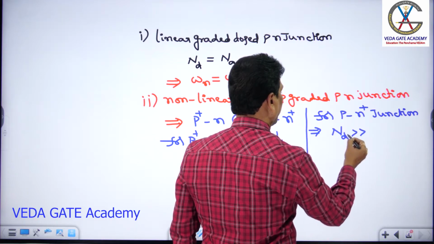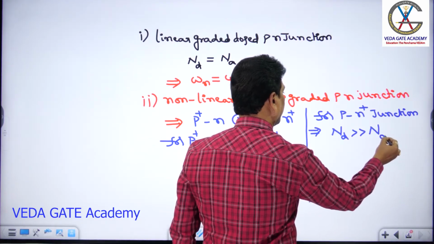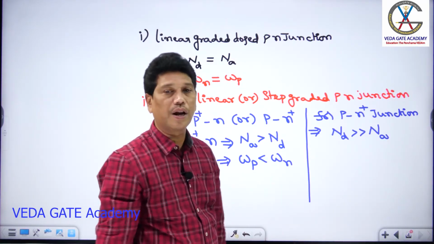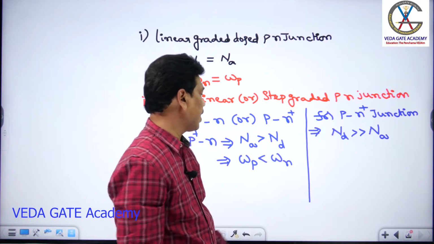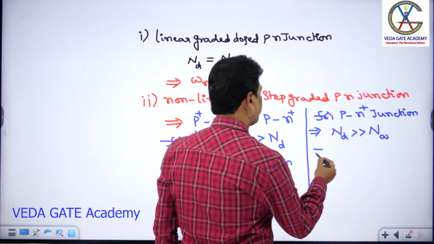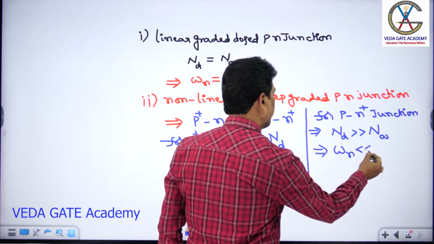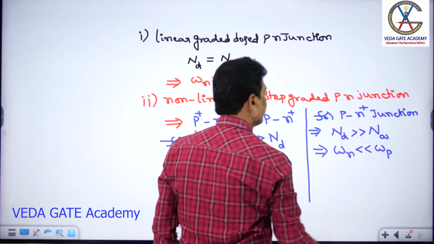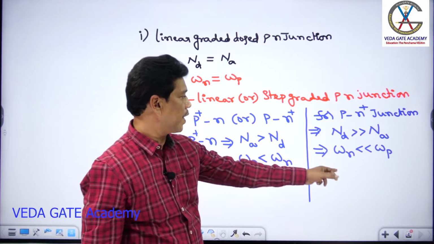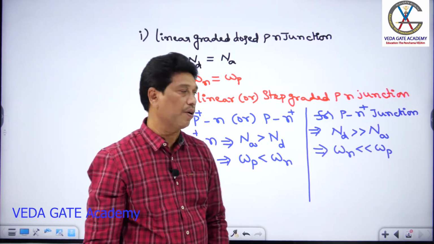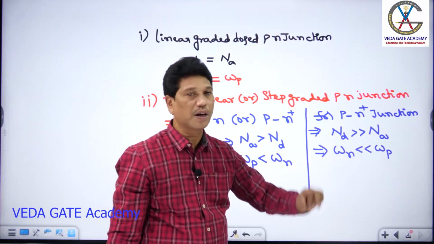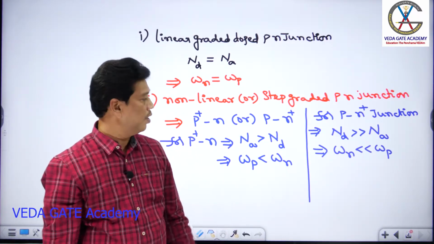Nd greater than Na means automatically Wn less than Wp. The width of the barrier on the N side should be less than the width of the barrier on the P side. Understand now?